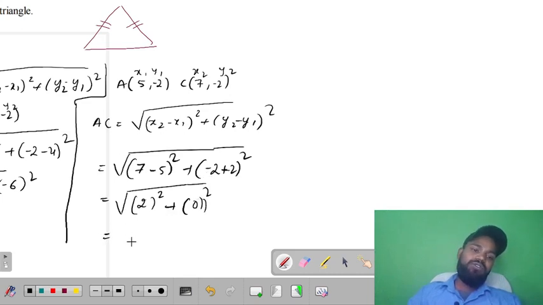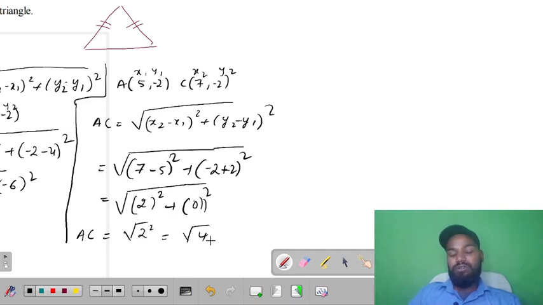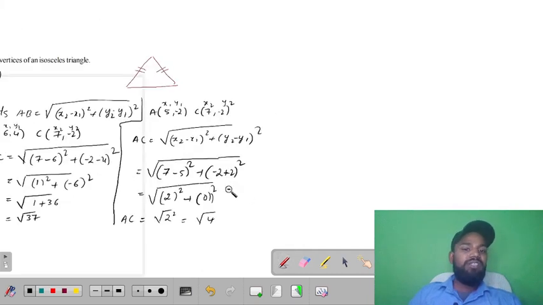What is 2 square? 2 square is 4. So under root 4 is the AC value. Now, as I said initially, if two sides are equal, then we call the triangle an isosceles triangle.